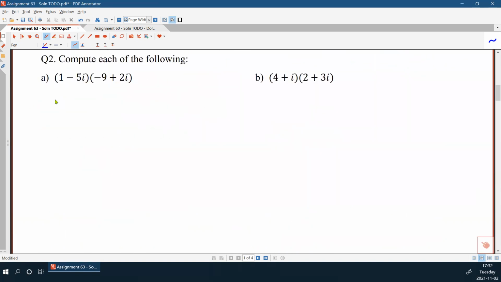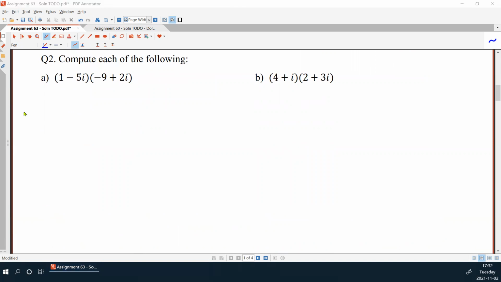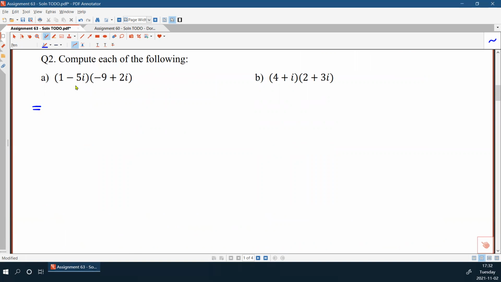Okay, next question. Compute each of the following. The first question, we can expand it by using the distributive law, right? So 1 by -9 is -9, and then 1 by 2i is 2i. Then -5i times -9 is plus 45i.